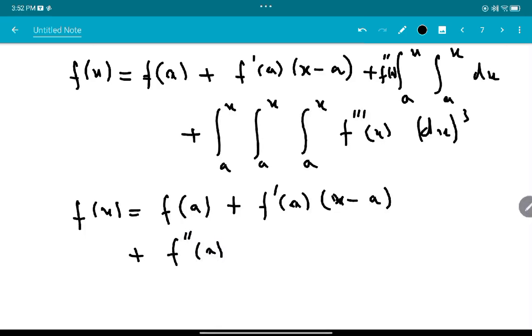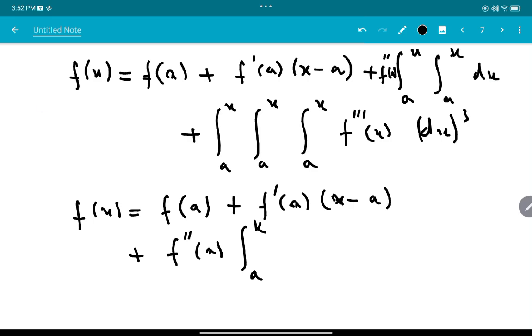Now let us first evaluate this integral. Forget about the rest, just focus on this integral a to x dx. Integrate this much. This will give you x minus a.